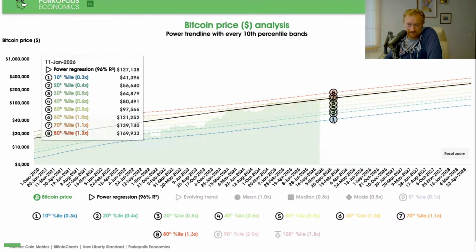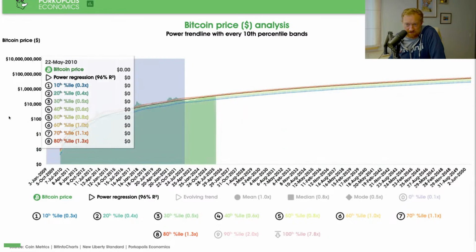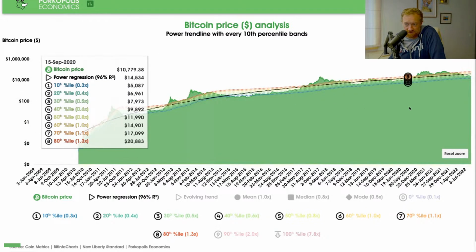And the 8 is 168. Maybe that will prove to be the range of the top. Maybe. But I would be shocked if we didn't at least hit that, because we easily cleared that in every prior cycle.